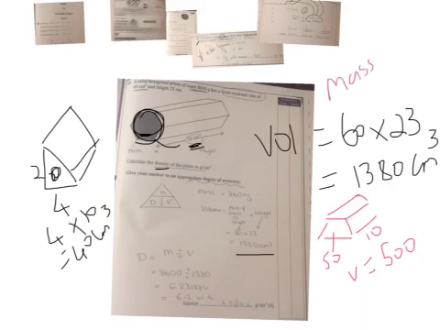If the mass was 11,000, then to find the density, density is covered, so mass divided by volume, so that would now be 11,000 divided by 500, which we worked out. Let's just hit the calculator. Gives you an answer of 22. So the density for that would have been 22.